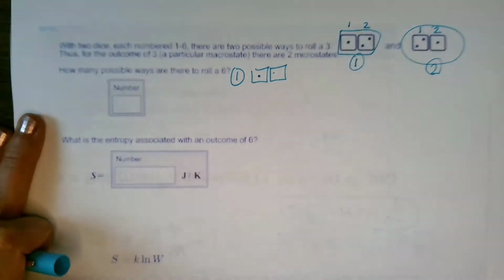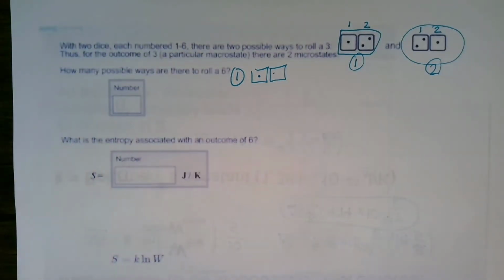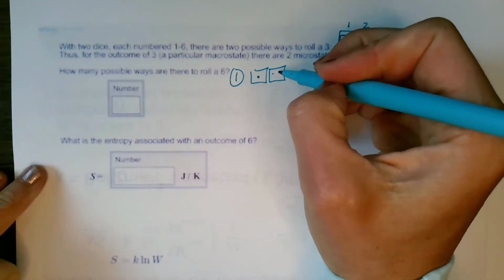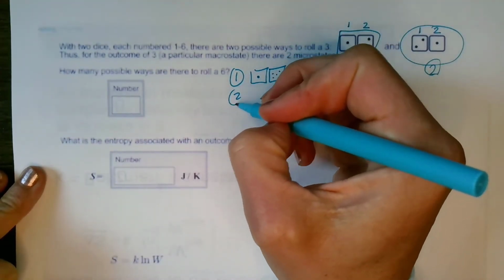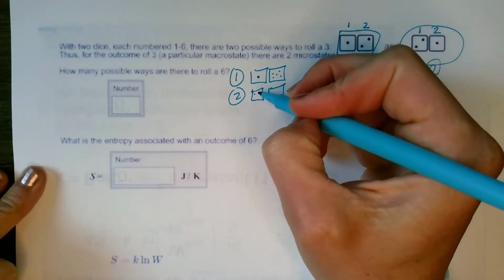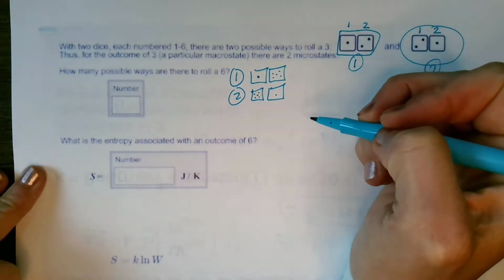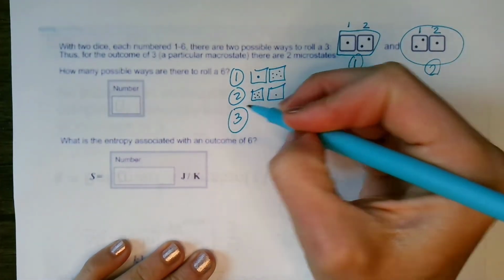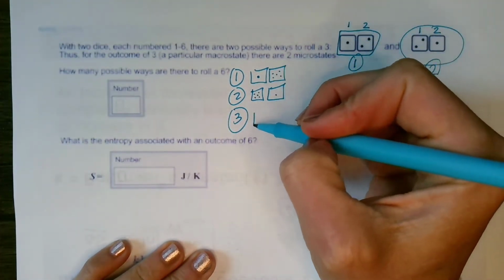All right, so let's say we have 2 dice. One way would be to do a 1 and a 5. We could also roll a 5 and a 1.